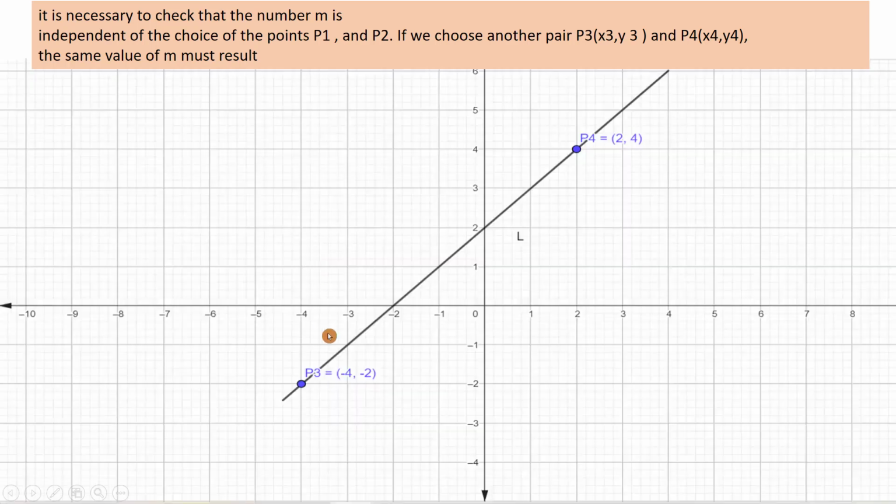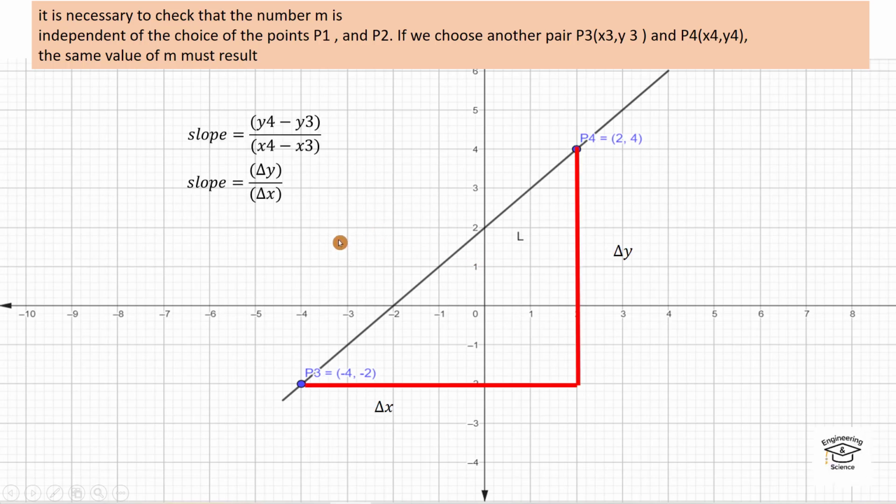Let's check it. For example, for the previous line, we choose another two points, P3 and P4. Let us find the slope again. y4 which is equal to 4 and y3 which is equal to minus 2.